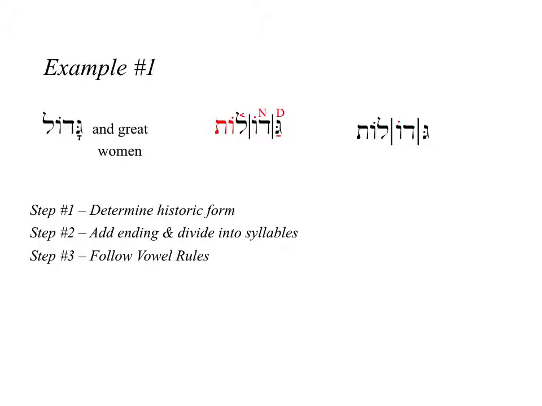It's an unchangeable historic long vowel. The distant open syllable, according to our rule, will reduce. So I will put in a schwa, and the form that I would get if I was just saying great women would be gedolot. That's the word for great women.